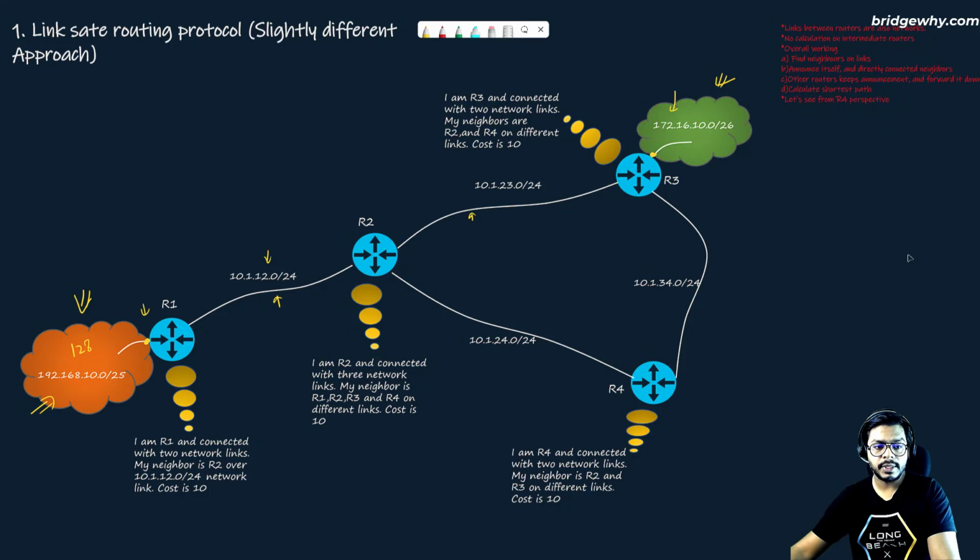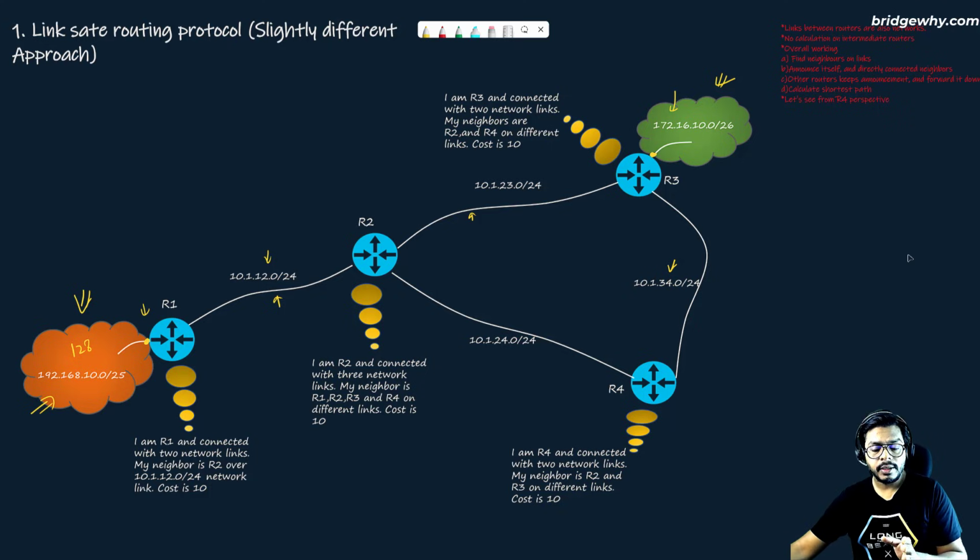The first subnet is 10.1.12.0 between R1 and R2. And whenever you create your lab, and you should, please make sure that whatever IP addressing scheme you are using makes sense. For example, in this addressing scheme, if I talk about this network, which is 10.1.34.0, I have made sure that the third octet has some meaning in it, right?